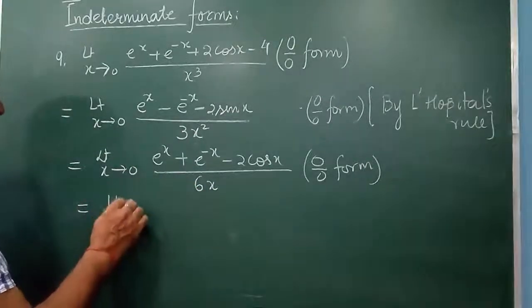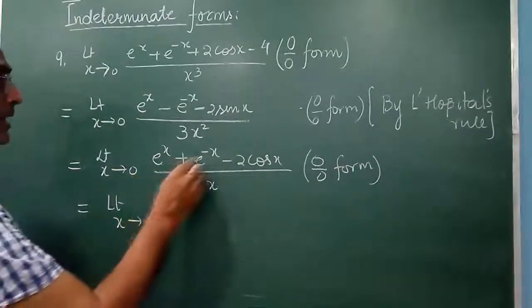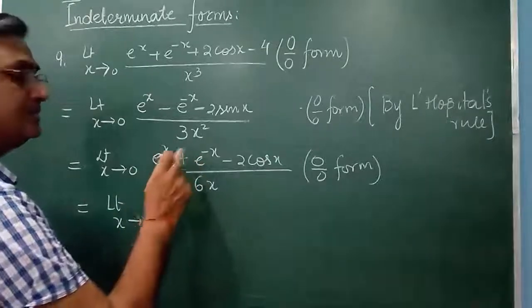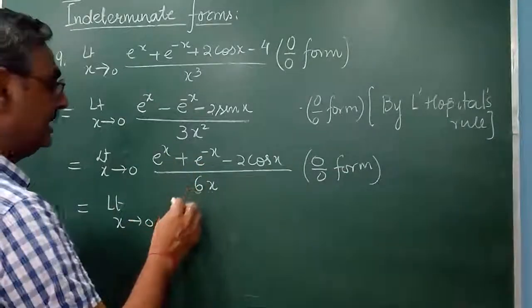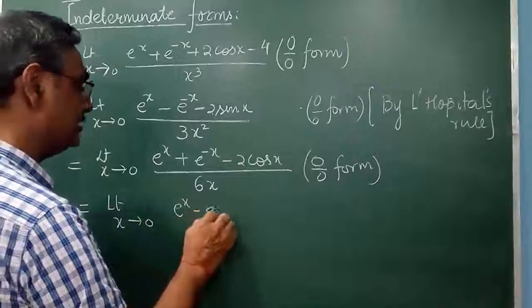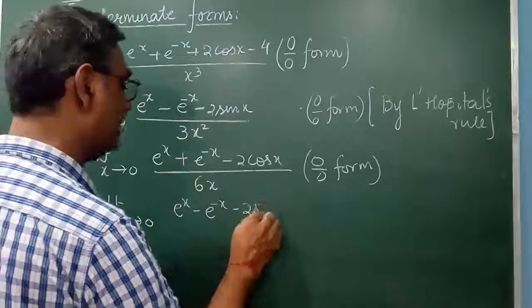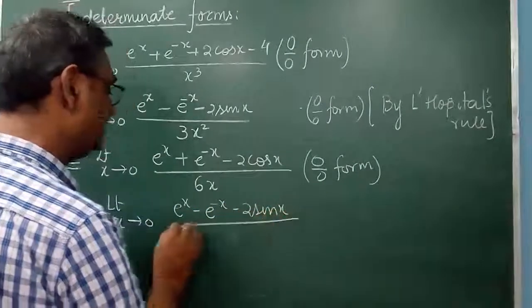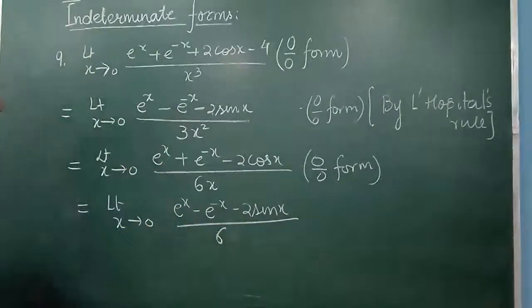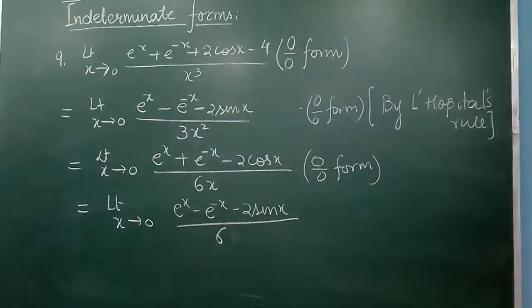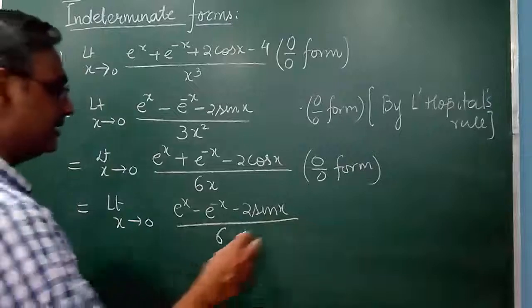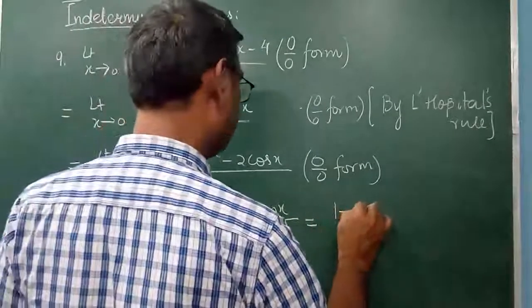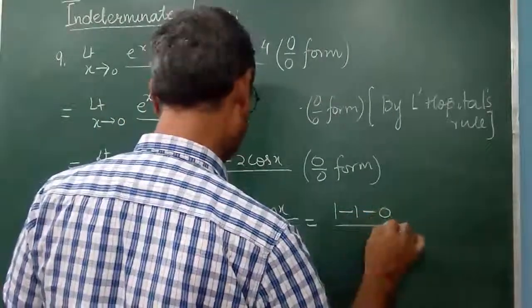So limit x tending to 0, this is what? e to power x minus e to power minus x minus 2 sin x upon 6. This we have got. Now if I put the value here, then it will be 1 minus 1 minus 0 by 6.